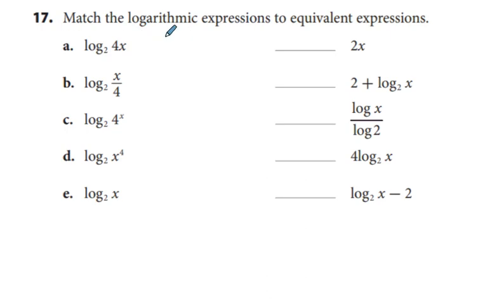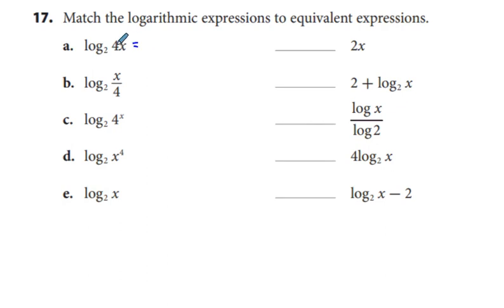17, match the logarithmic expressions to equivalent expressions. So we have 5, A, B, C, D, E to do here. And what I'm going to do for this is just work these through one at a time. And so I'm going to have to kind of erase as I go. But just working out A, we're going to rewrite this.